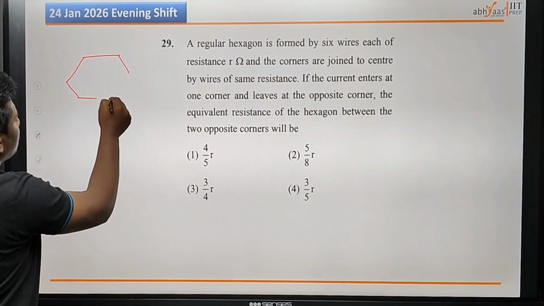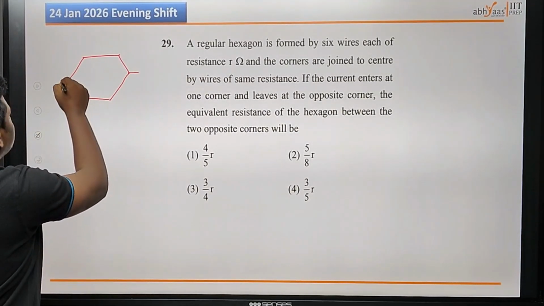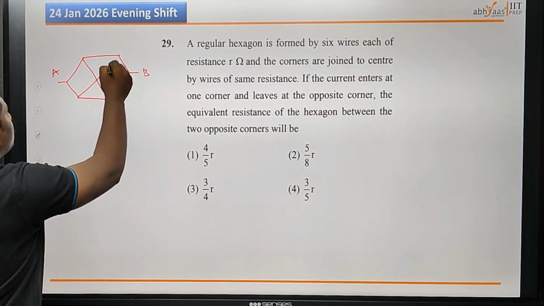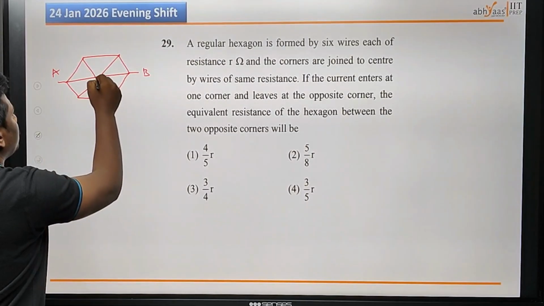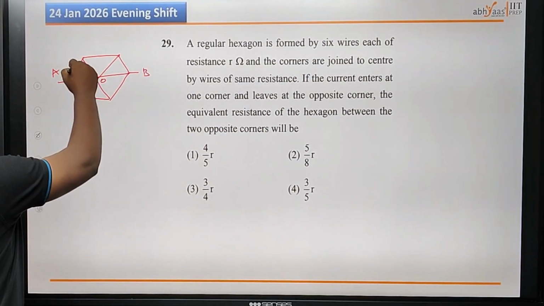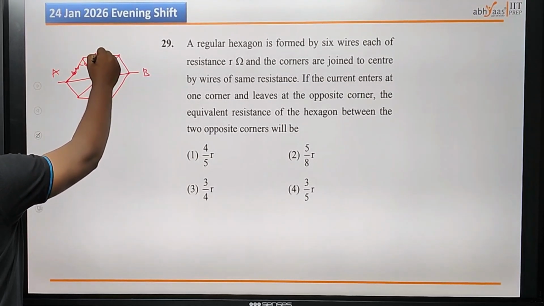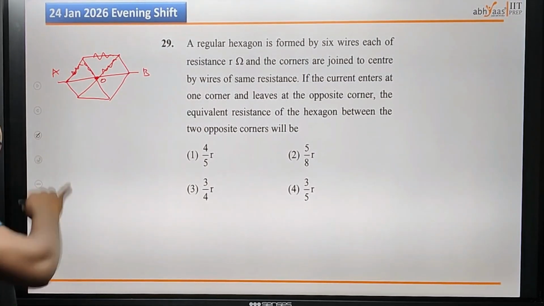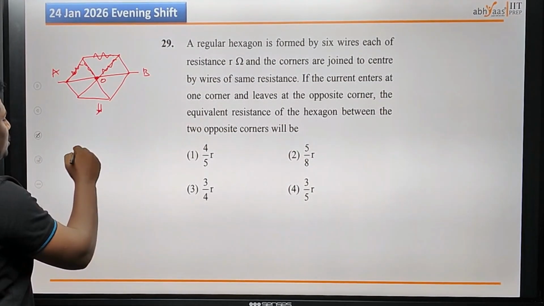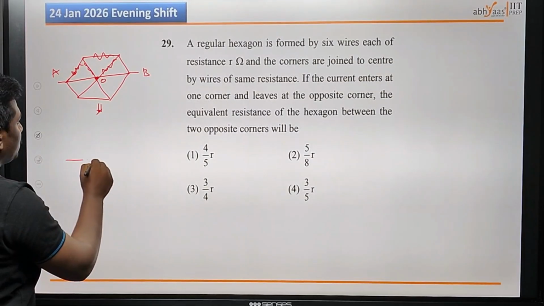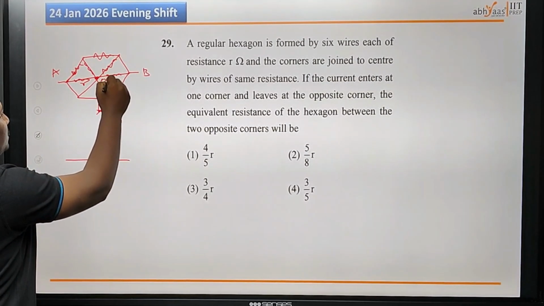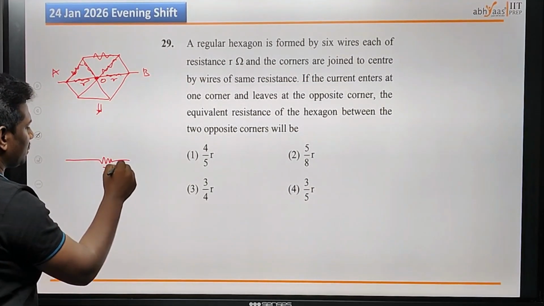Consider this is our hexagon having 2 points, point A and B. This is our center. These are the resistors. If you redraw this as per our question, you will get this one resistance R and this is R. You will get 2R in the middle.